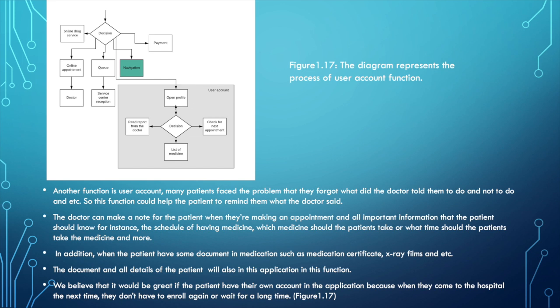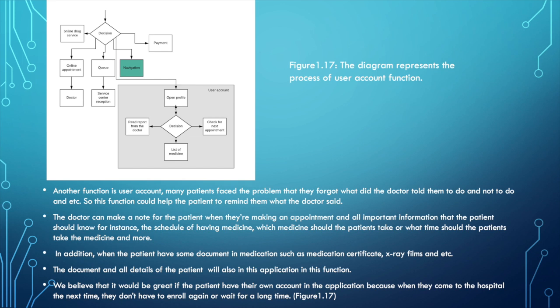Another function is user account, as shown in the gray section. The users can see their medical history here, and the doctor can make a note for the patient so that they can take a look when they forget what the doctor told them.